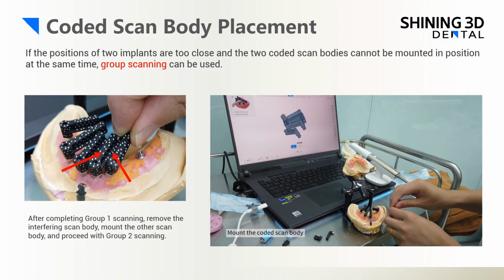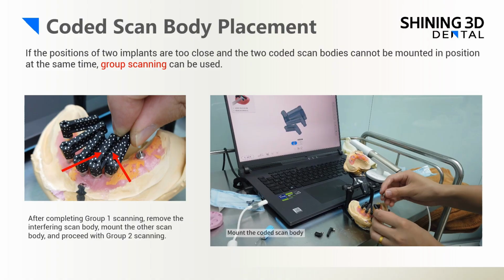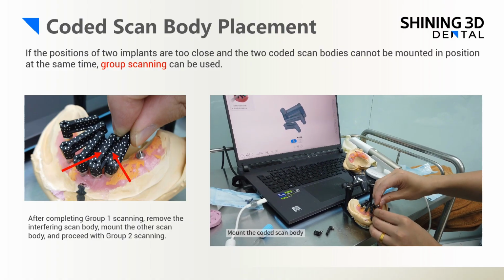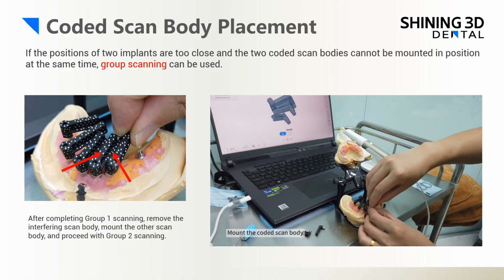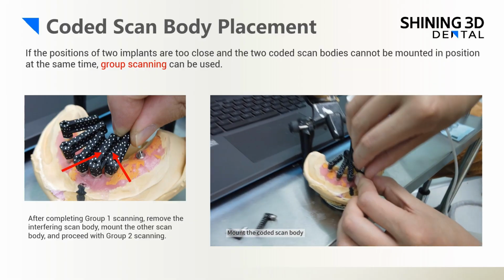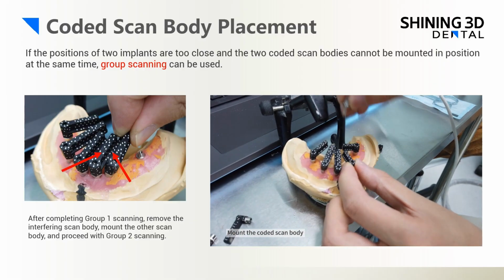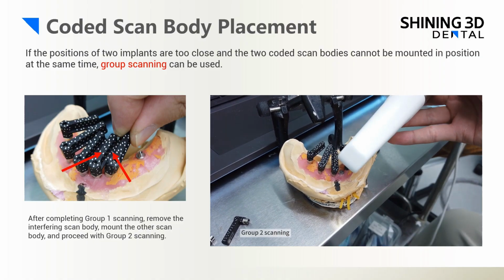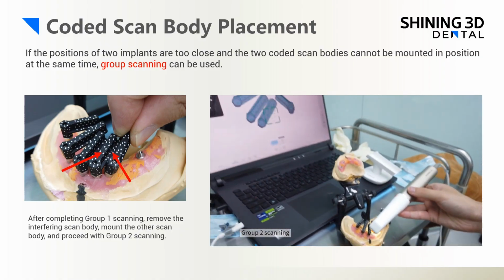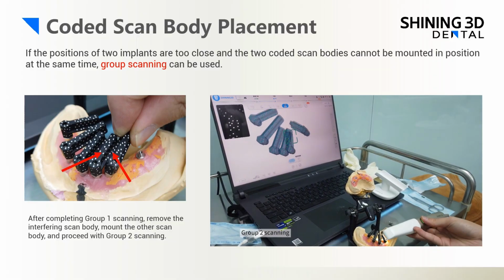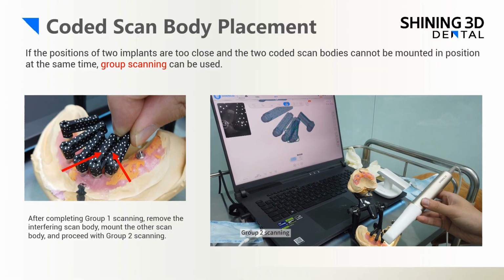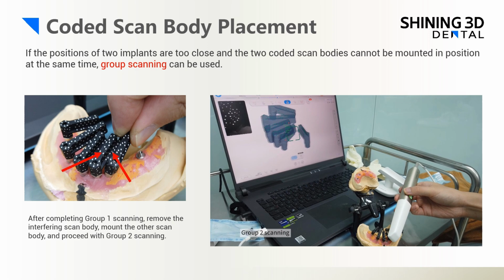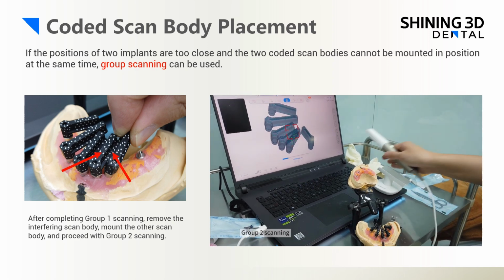After completing the group 1 scanning, remove the interfering scan body, mount the other scan body, and proceed with group 2 scanning. As you can see from the video on this slide, once you finish the group 1 scanning with one of the two close-to-each-other coded scan bodies removed, you can start the scanning for group 1.